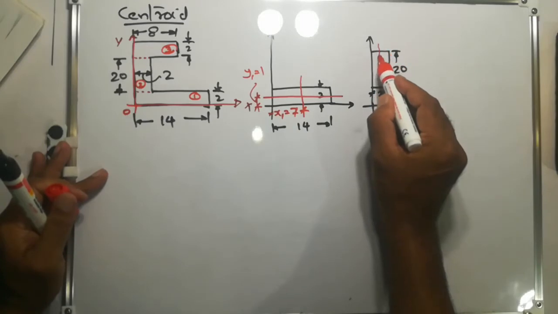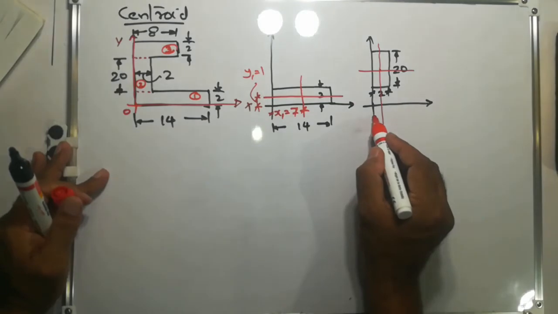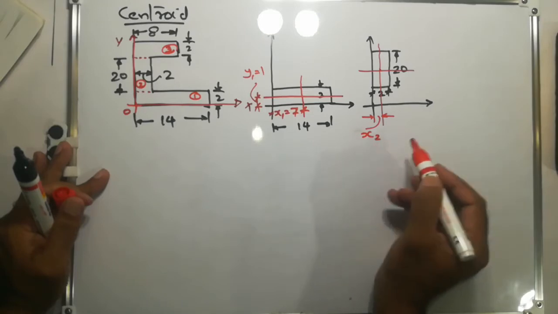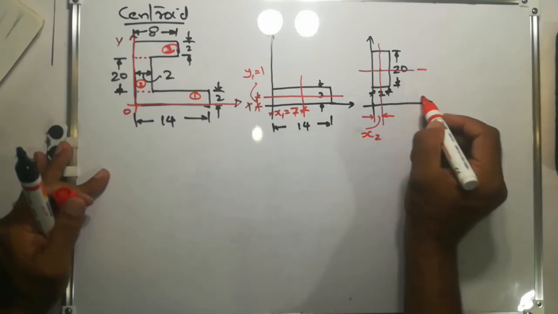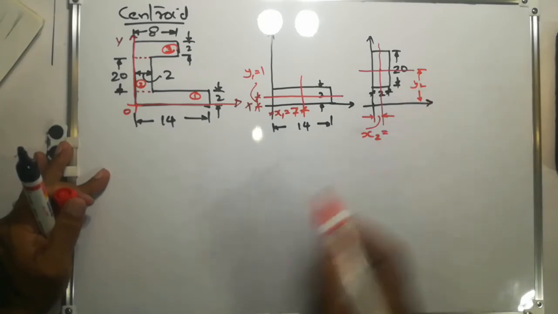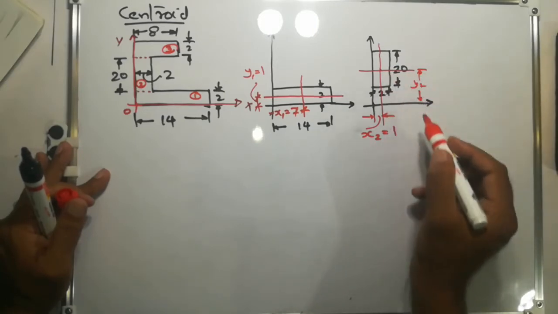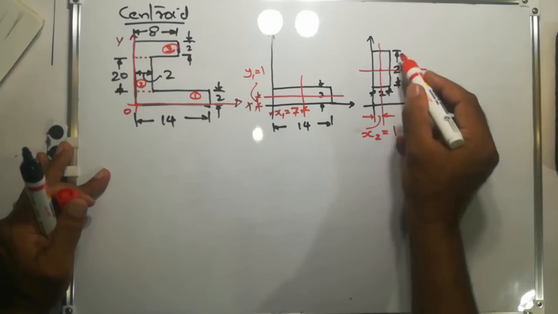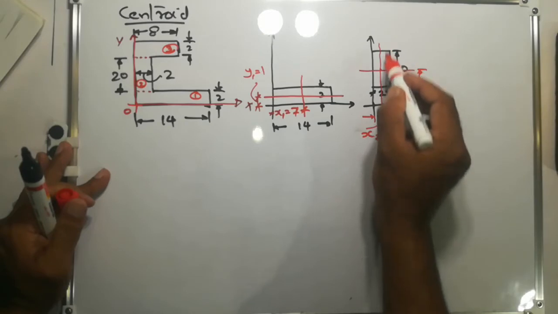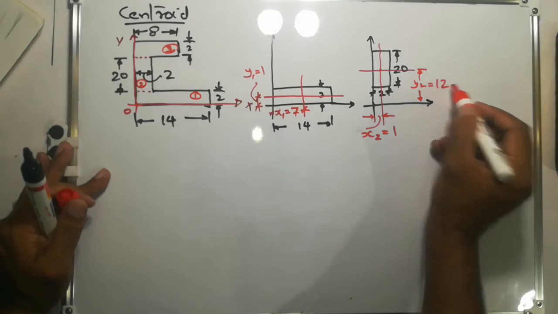So this is the centroidal axis. This will be x2 and this will be y2. And what will be x2? x2 is equal to 2 by 2 equal to 1 centimeter, and y2 is equal to 20 by 2 plus 2, because up to here 2 is there, then plus half of this distance, that is 20 by 2 equal to 10, plus 2 equal to 12.